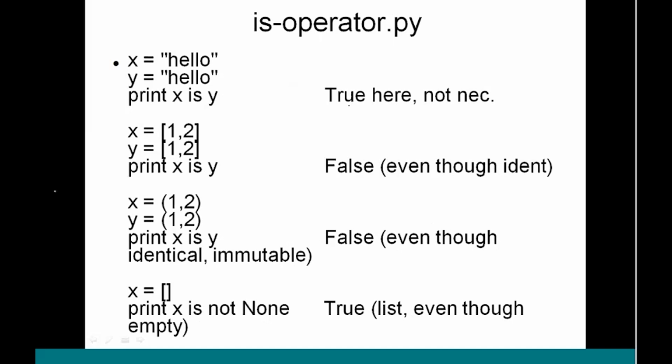And then in a tuple, again, if you ask print x is y, it's also false, even though it is identical and immutable. And then x is equal to square brackets, and x is None, true.